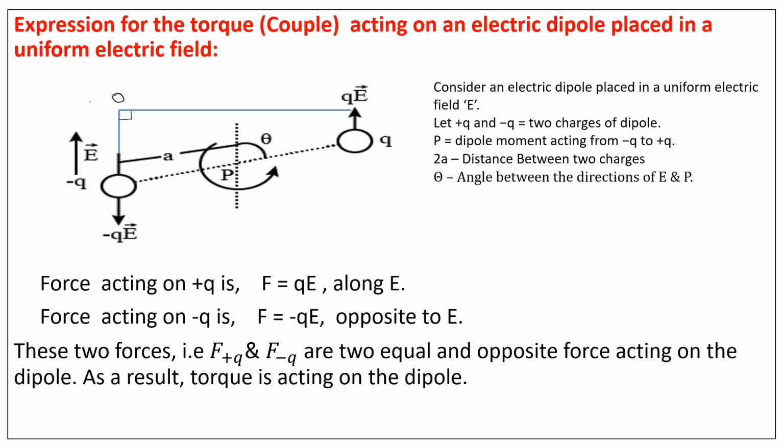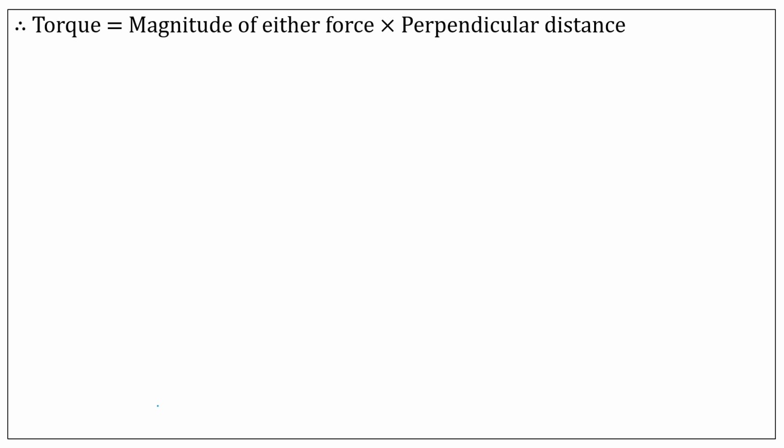As a result, torque is acting on the dipole. Therefore, torque is equal to magnitude of either force into perpendicular distance. That is, τ is equal to EQ into BO. Mark it as equation number 1.